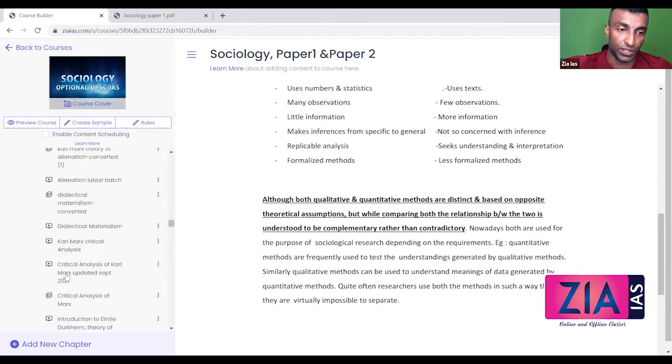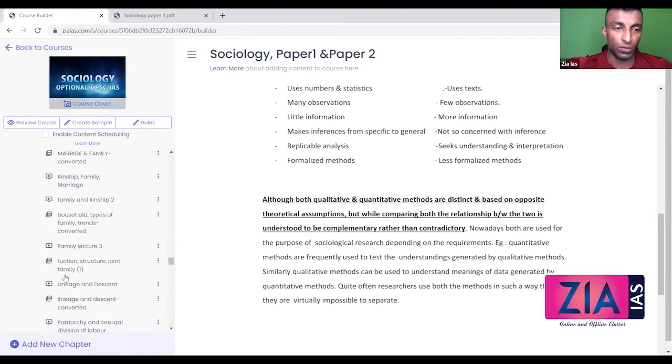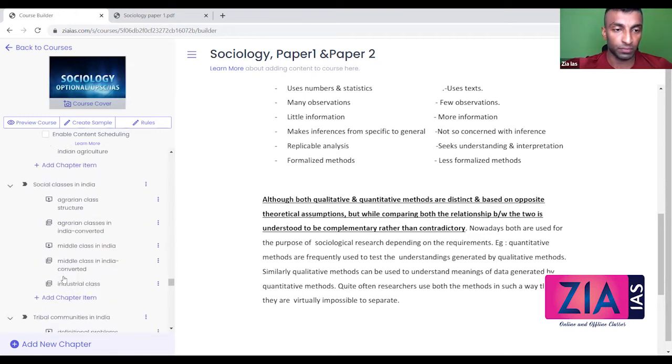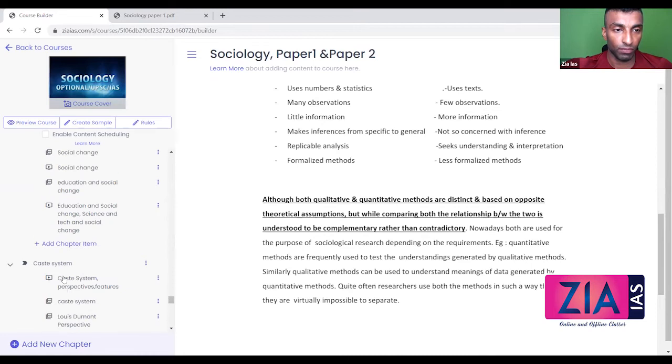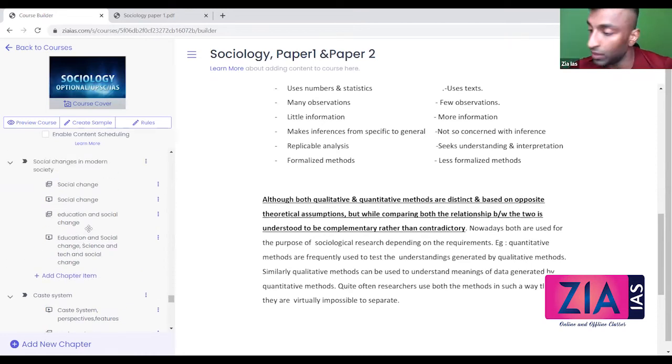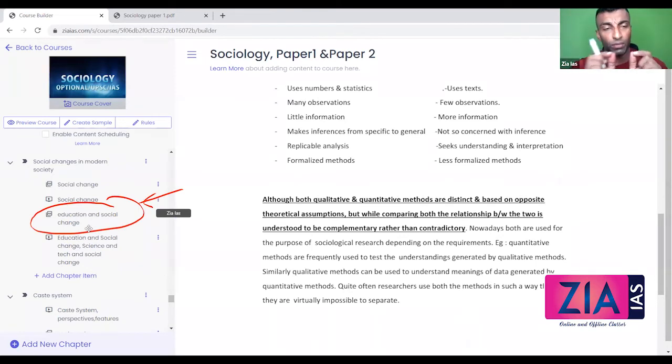Chapter on social change. I don't know, we need to go far down. Yeah, here. If you look into this, education and social change, you will get it, guys. It's not that you will find one answer exactly like that. Whatever you learn from the other areas also needs to be connected, right?